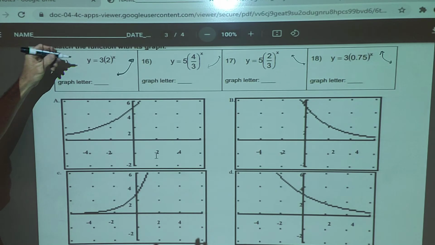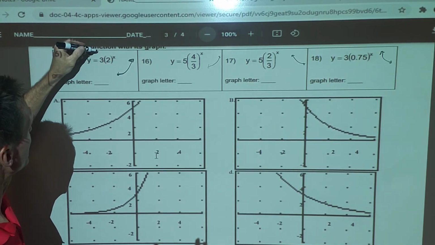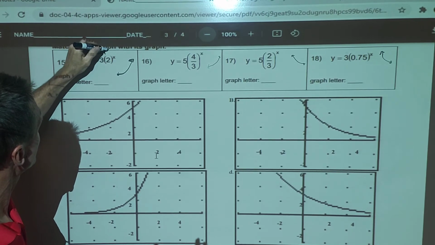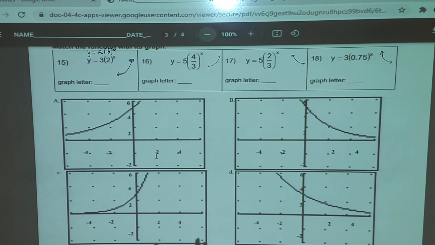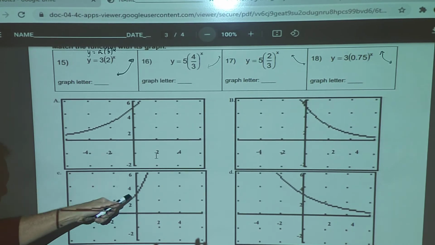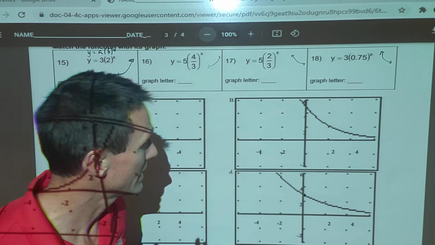The other thing, when we looked at our original equations for exponential functions, y = a times b to the x, a was our starting point, our initial value, our y-intercept. So I know this is going to cross at +3.